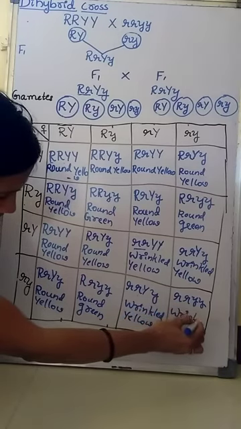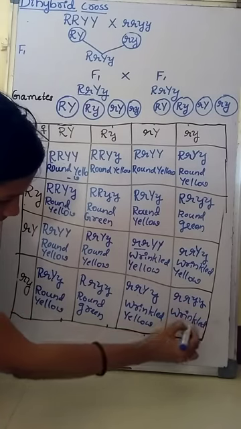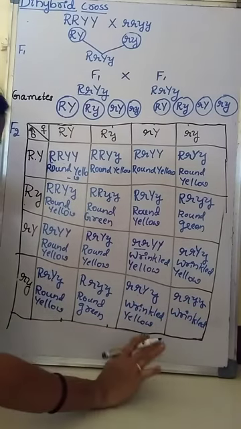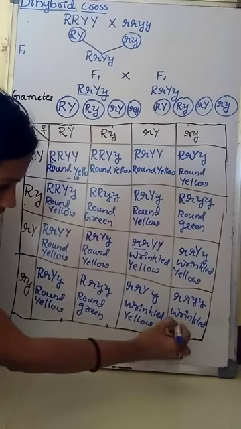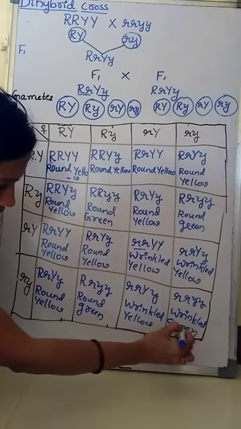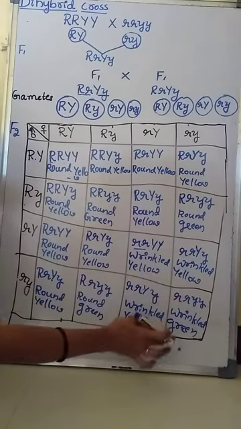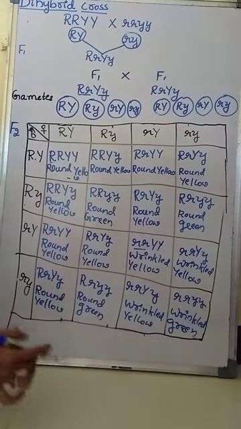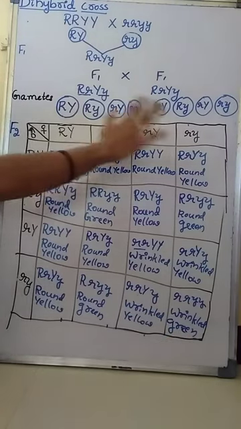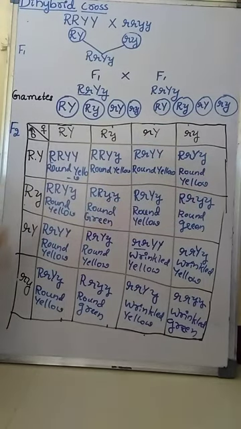Only one combination we will get wrinkled green, meaning all the genes are recessive. Wrinkled green. Don't get confused. Here it is wrinkled yellow. Here it is wrinkled green, meaning all recessive characters. So this is the checkerboard for the F2 generation.